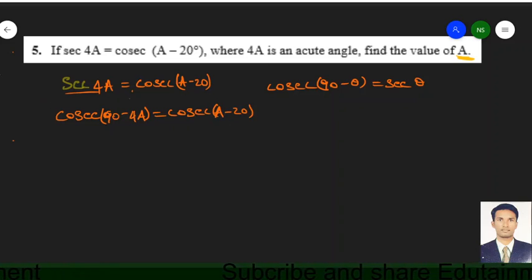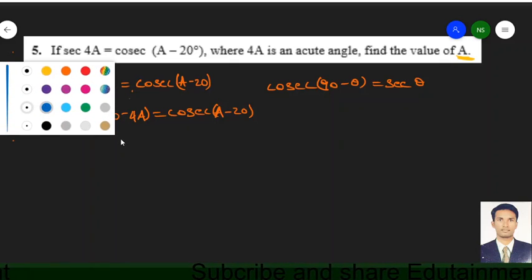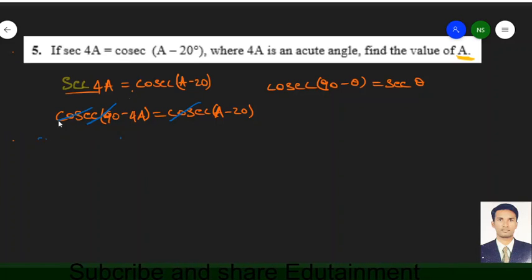Now we can remove the cosecant on both sides, then we will be left with 90 minus 4A equals A minus 20. Send the variables to one side and the constants to the other side.